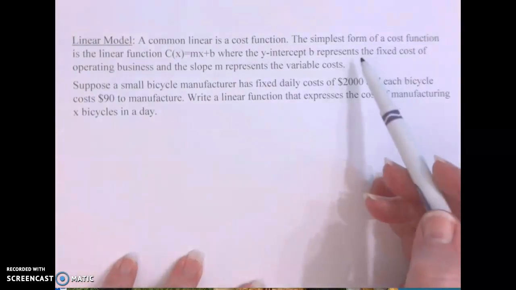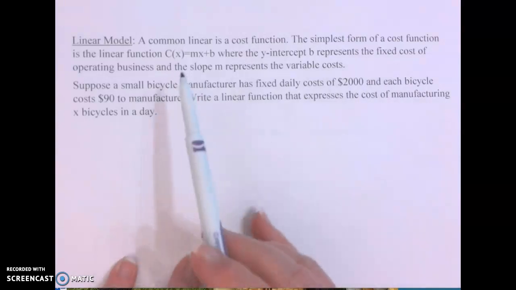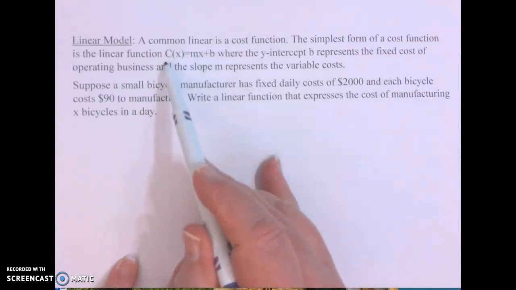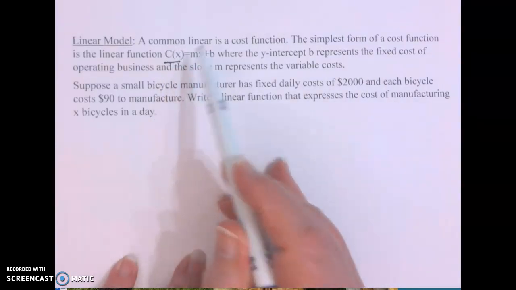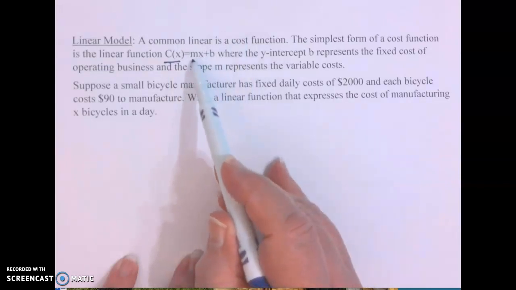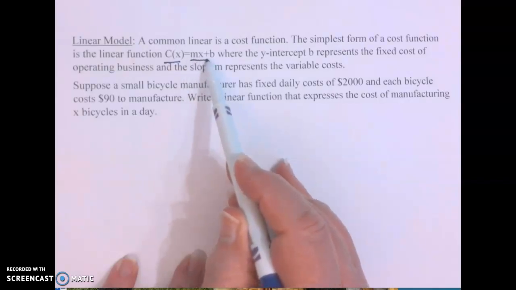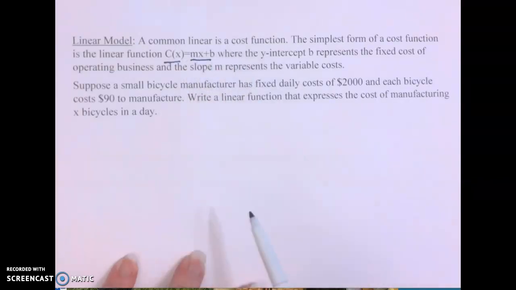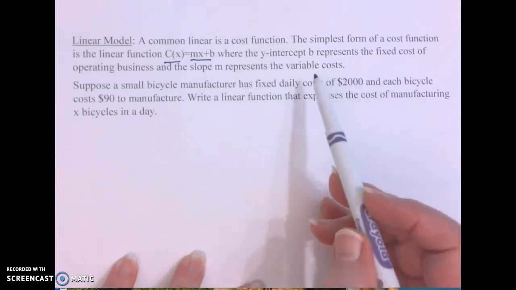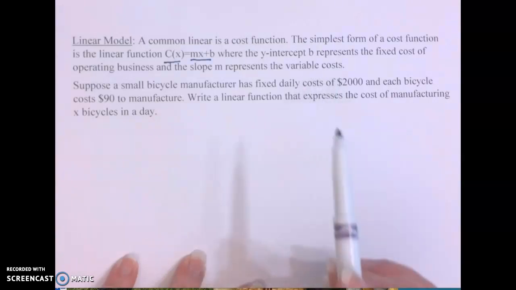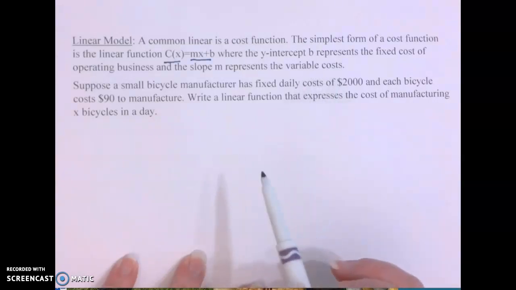And the simplest form of a cost function is the linear function c of x equals m, which we would call a slope, but here is our rate of change, times x plus b, which would be that point where x is 0. So the y-intercept b represents the fixed cost of operating the business.